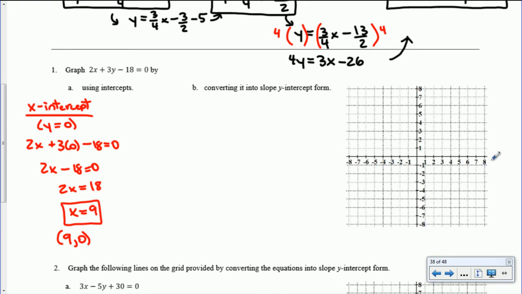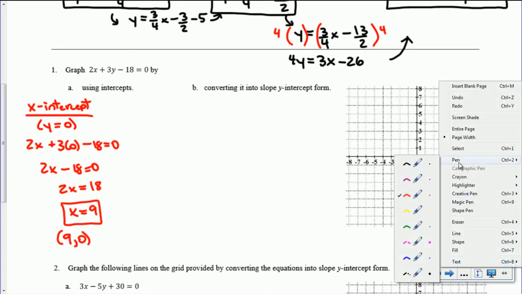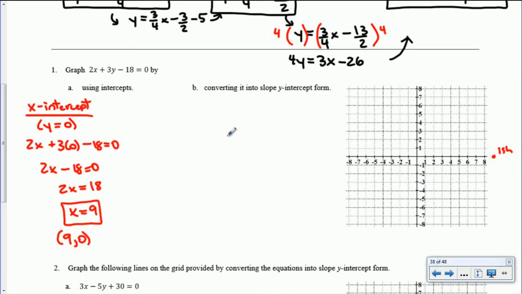So let's plot that. It's kind of over here. It's unfortunate it's a little bit off the grid, but I guess that's what we're stuck with. Okay, moving on, the y-intercept. Hopefully you're writing this a little bit smaller than I am.